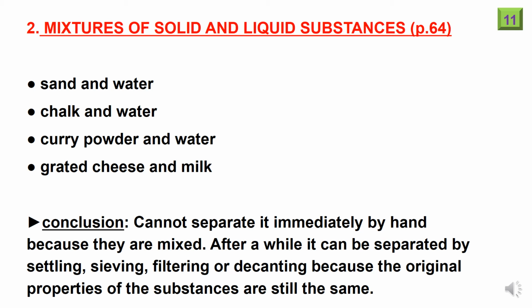But if you give it time, after a while, it can be separated by one of the following methods. If you wait for the sand to settle down, that's settling. You can also, with one of these examples, use a sieve to sieve. You can either filter it or you can decant it because the original properties of the substances are still the same.